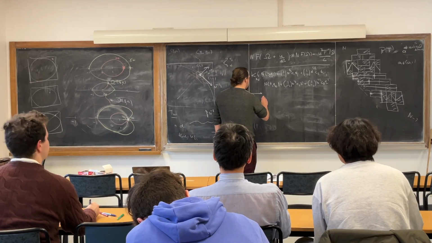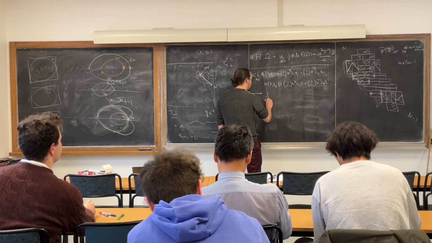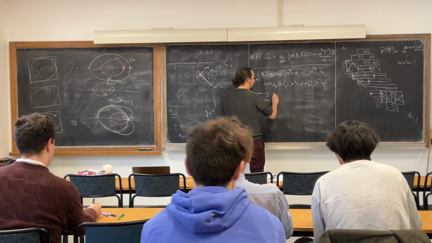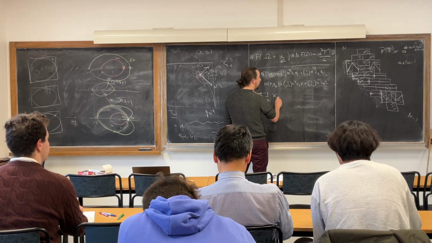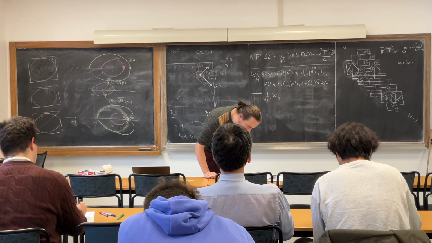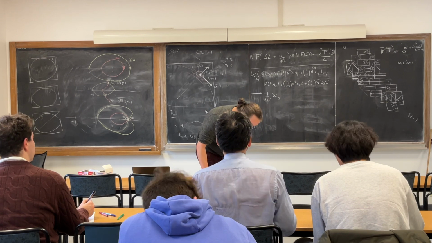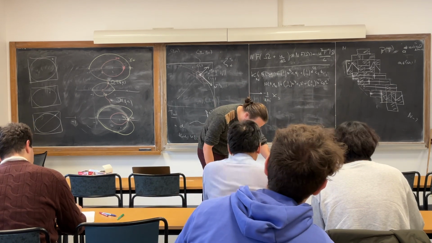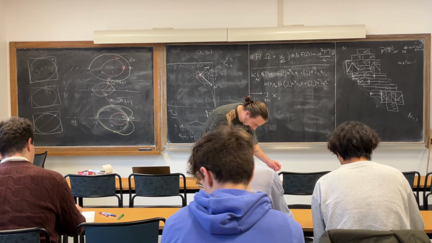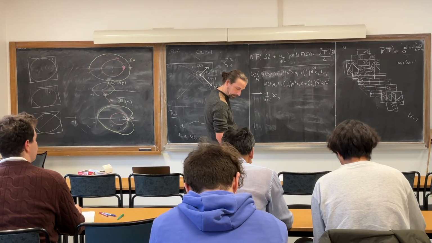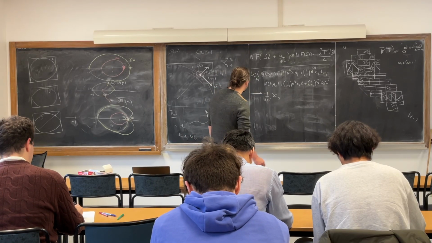This is minus 2 pi of chi of... what is it? Okay, that's actually wrong.